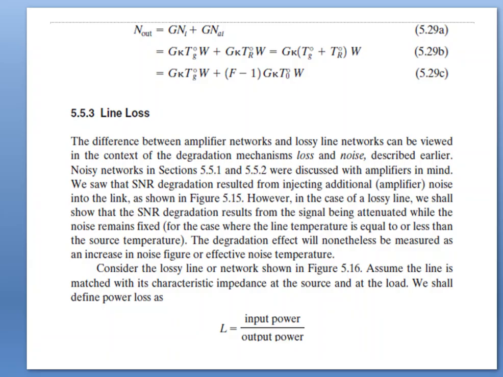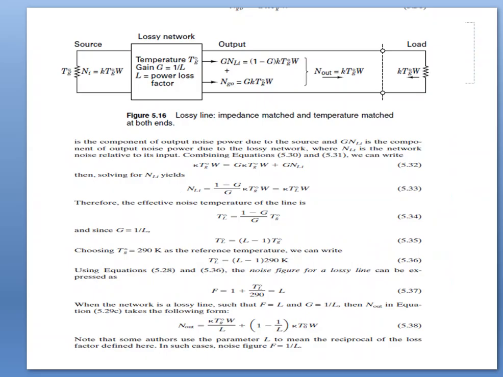And N out can be considered to be made up of two components, such that N out is equal to k Ts W, that implies N_gs plus G NL, and N_gs is equal to G k Ts W.